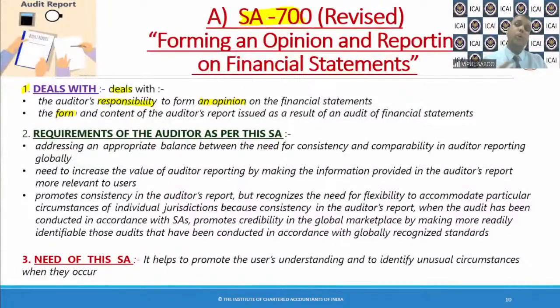So what do we require for that? We require the form and content of the auditor's report issued as a result of an audit of financial statements. So this SA tells the auditor about his responsibility to form an opinion. He'll ask, okay, auditor, are you ready with your opinion? Yes, I'm ready.